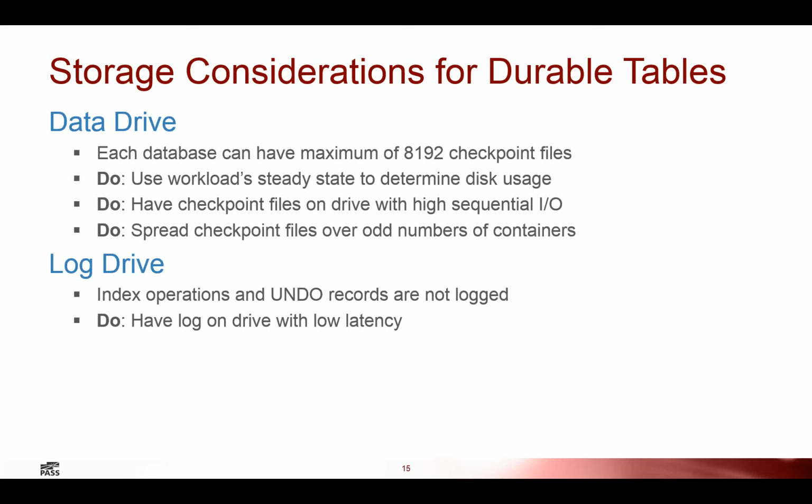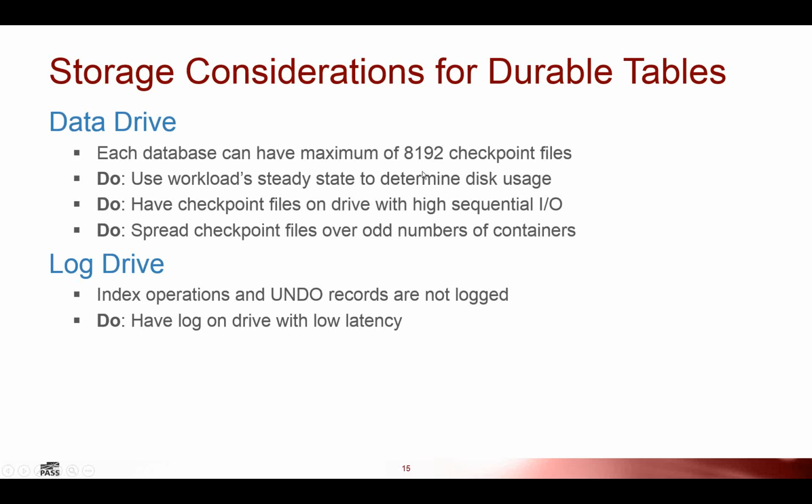And we recommend you use an I/O system with high sequential I/O, for example, a RAID array of spindles. We also recommend that you spread out your checkpoint files over odd numbers of containers, containers meaning drives or storage devices.